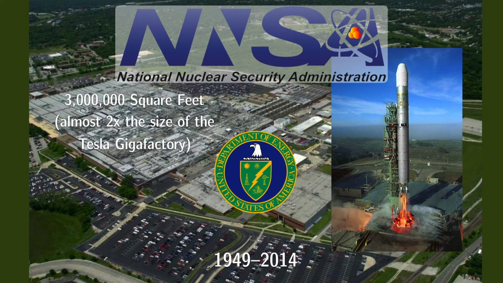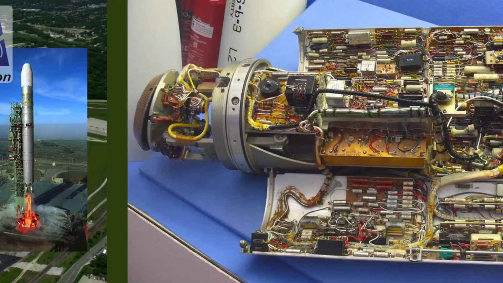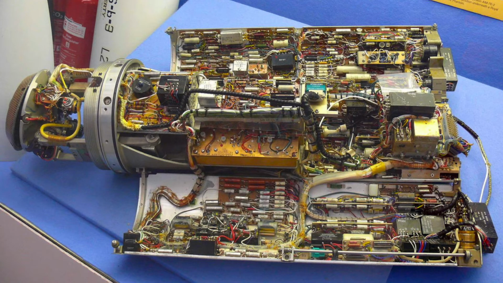So what does this have to do with documents? Well, the building, which, by the way, is called the Kansas City plant, was tasked with this impossible problem because, at best, the creators of these devices are retired, and at worst, they're dead.